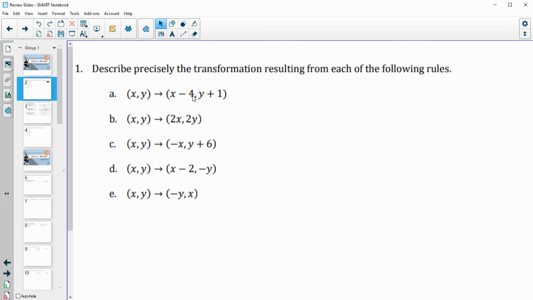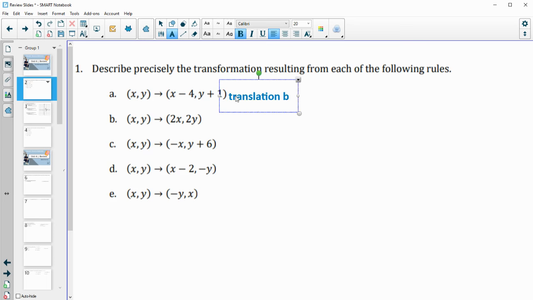So describe it precisely. When we have this adding and subtracting here, this is going to be a translation. So this will be a translation by directed line segment -4, 1.